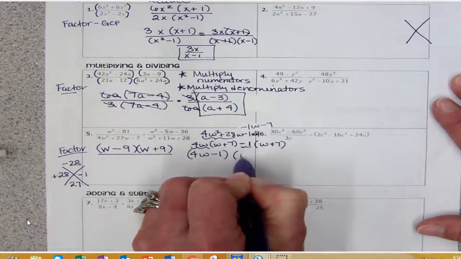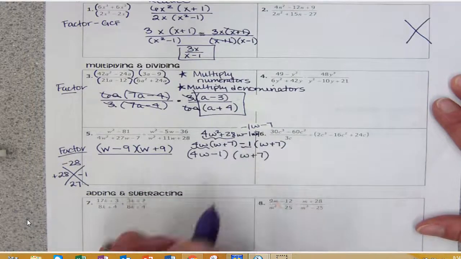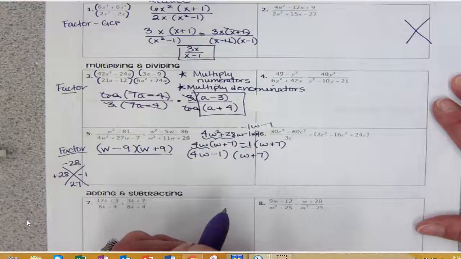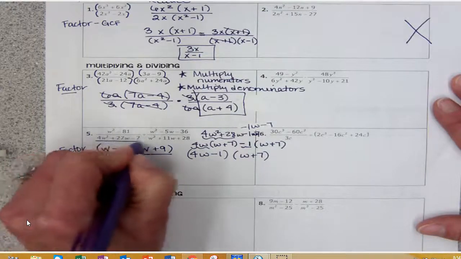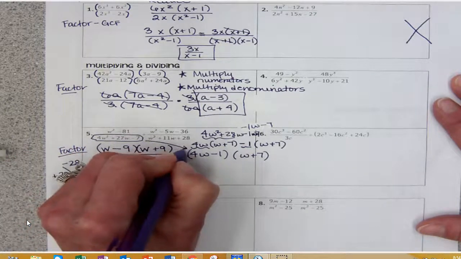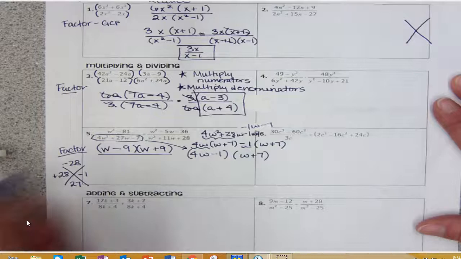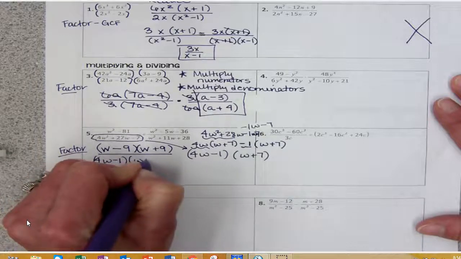You're basically factoring out a w plus 7 from this situation. So that is what goes in my denominator here. This has been factored into 4w minus 1 times w plus 7.